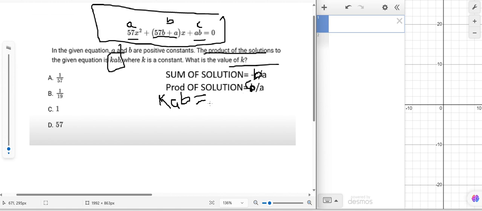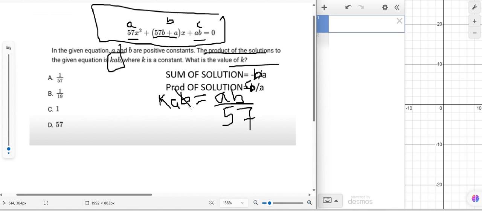There was a little input error, so no worries. Always remember that the sum of solutions equals minus b by a, and the product of solutions equals c by a. So kab equals c by a, and the value of c for this question is a times b, and the value of a is 57.